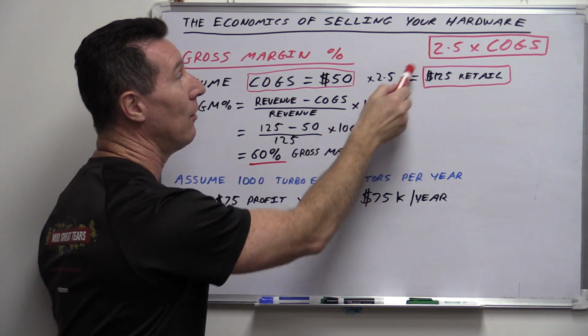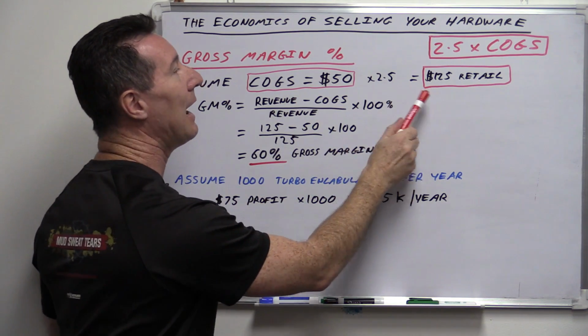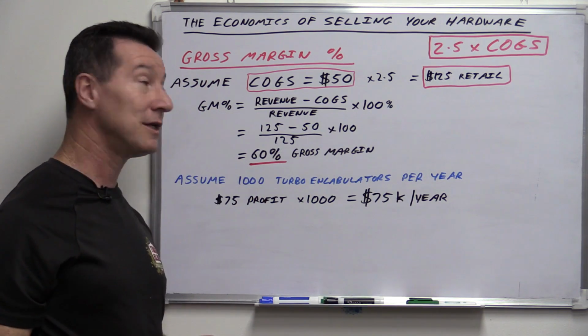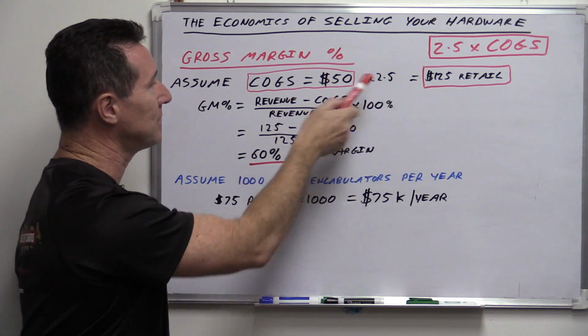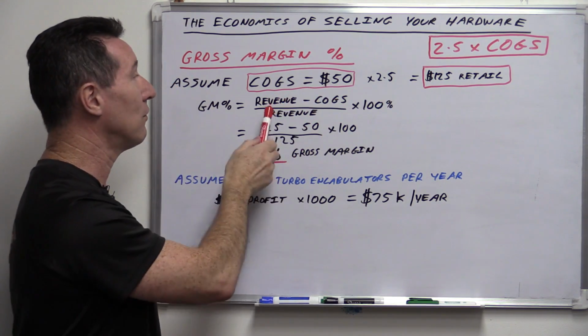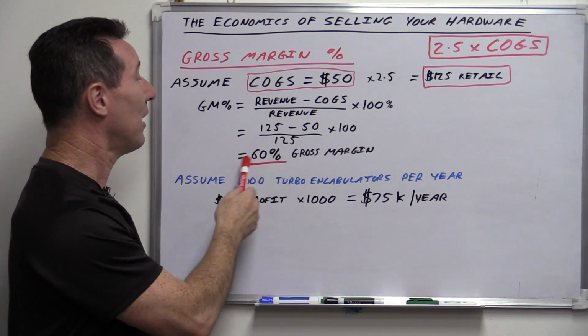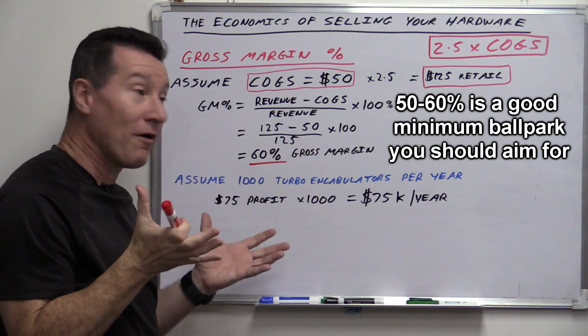And let's use our rule of thumb 2.5 times multiplier, which I'll still get to, trust me, and that gives us a retail price that we need to sell it at of $125. So the gross margin percentage is the revenue, i.e. the retail price, minus the cost of goods sold divided by the revenue times 100%. Easy, you should really already know this. That's a 60% gross margin percentage, or profit, essentially.